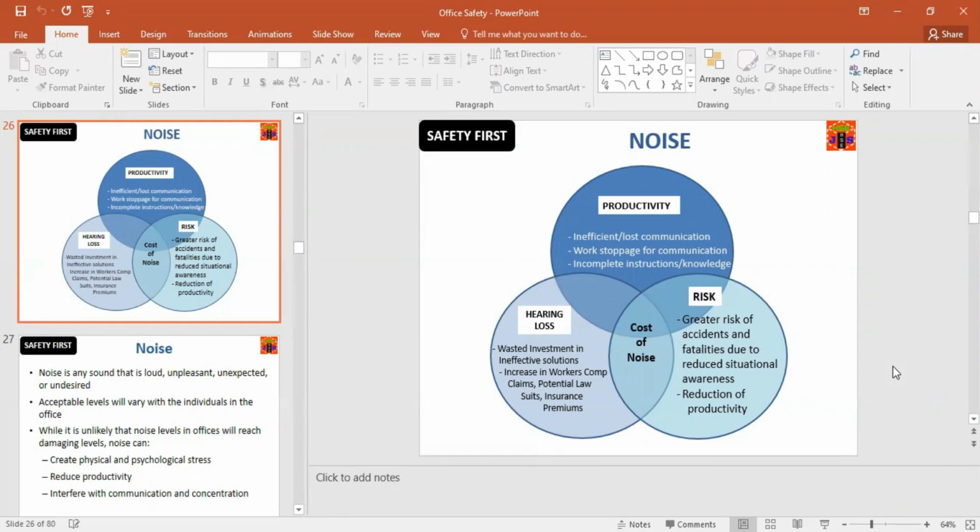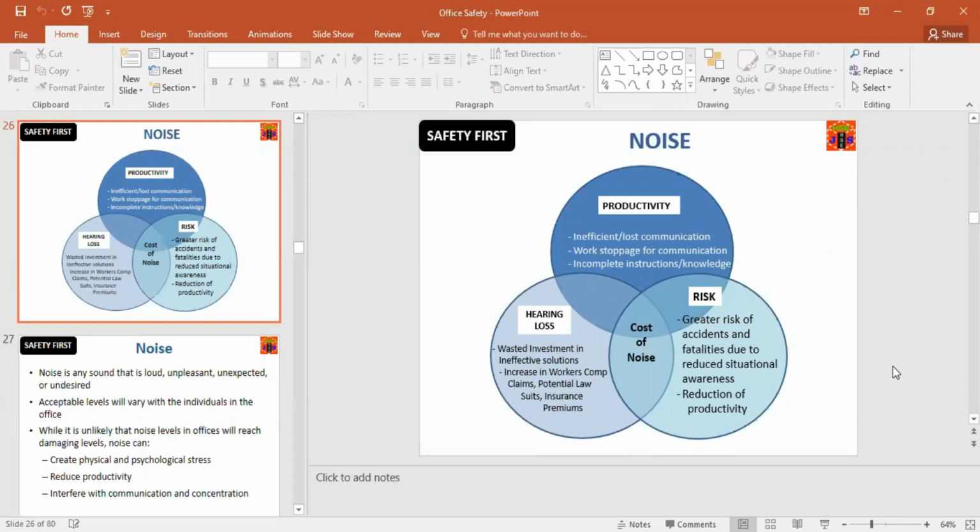Inefficient or lost communication, work stoppage for communication, incomplete instructions or knowledge. How noise can cause hearing loss: wasted investment in ineffective solutions, increase in workers' complaints, claims, potential lawsuits, and insurance premiums.